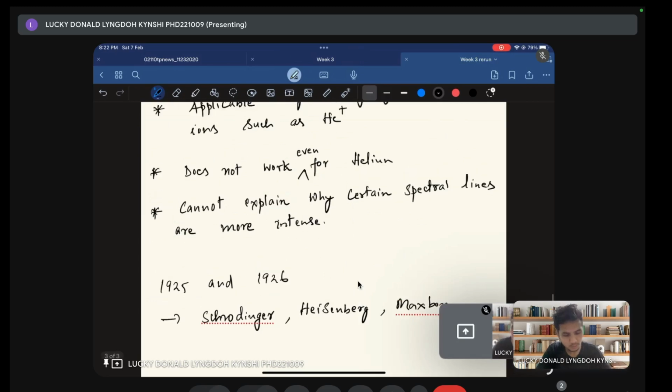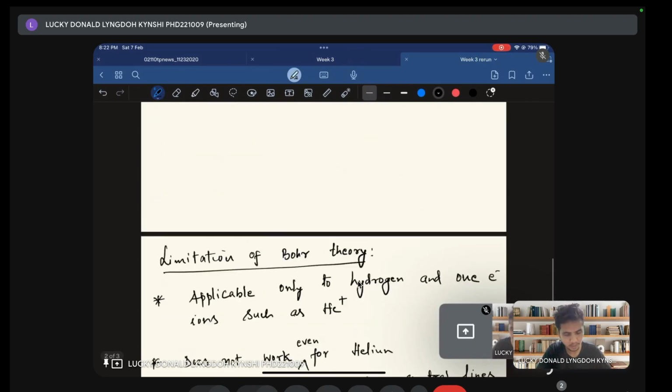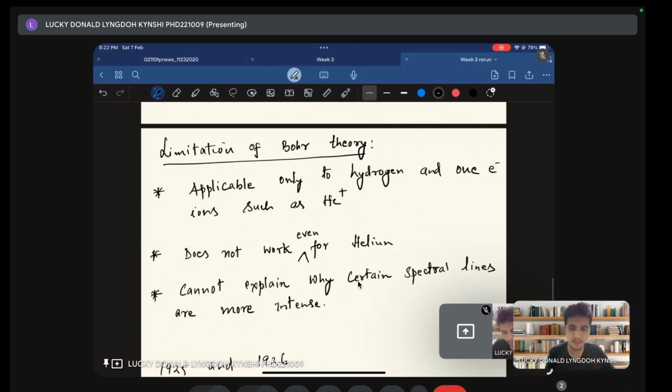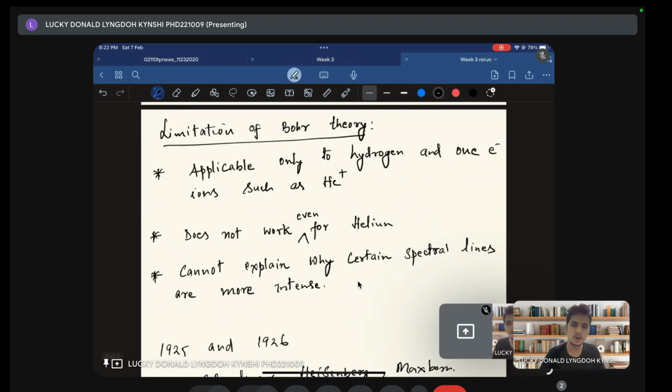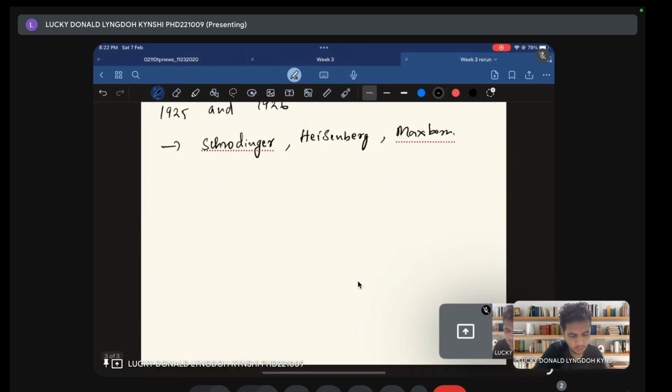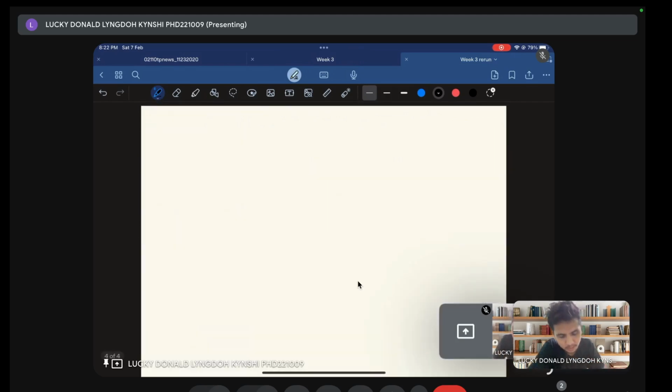So these were the last two classes, and after them we stopped with atomic structure, in which we used Bohr's theory to explain some of the spectral lines. But there are limitations which Bohr's theory cannot explain. That is why we are going to move ahead of atomic spectra. But before I move ahead, I want to show you one basic difference between classical mechanics and quantum mechanics.